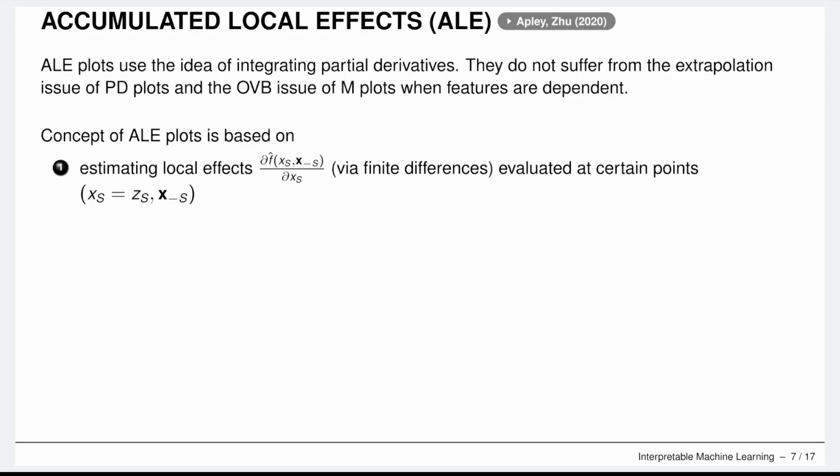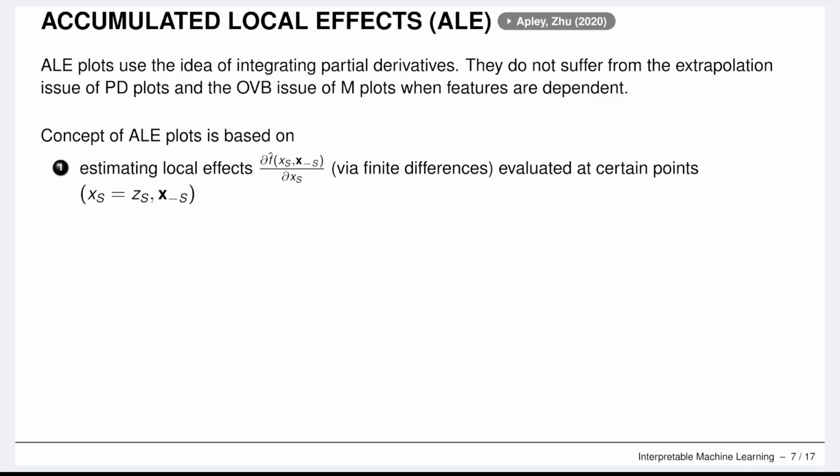They do not suffer from the extrapolation issue because they are based on a similar idea as M plots, and they also don't suffer from the omitted variable issue because it is based on integrating partial derivatives. And as we have seen, we get rid of the main effects of other features using this idea.